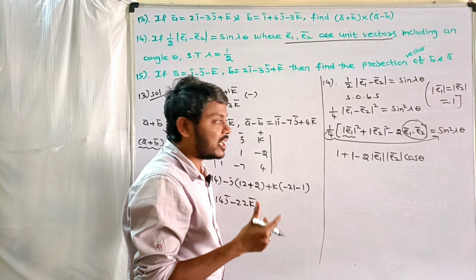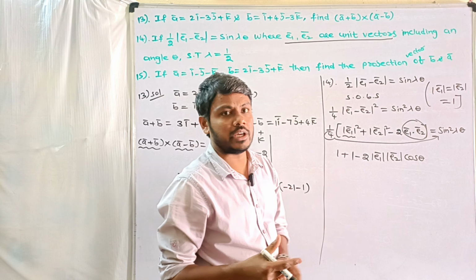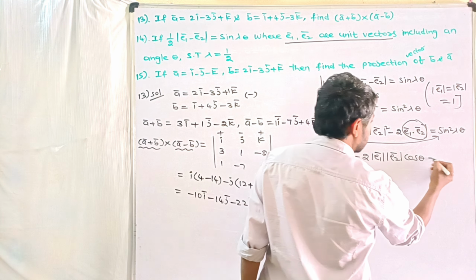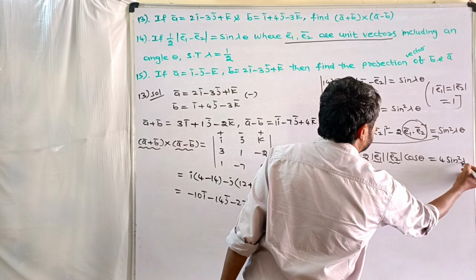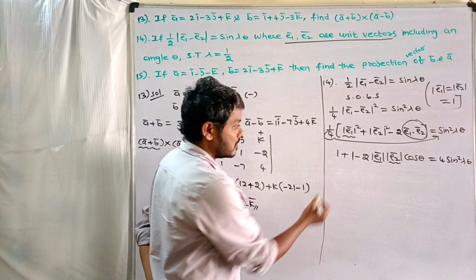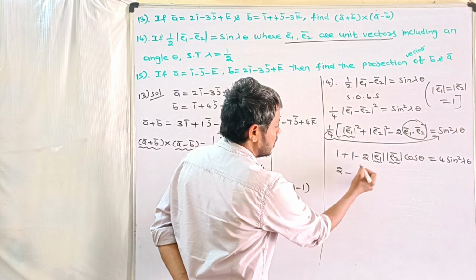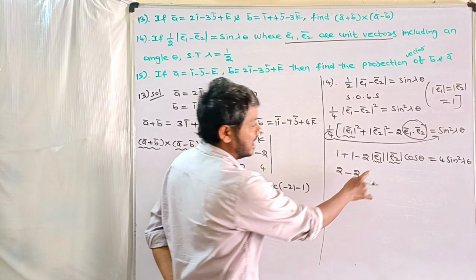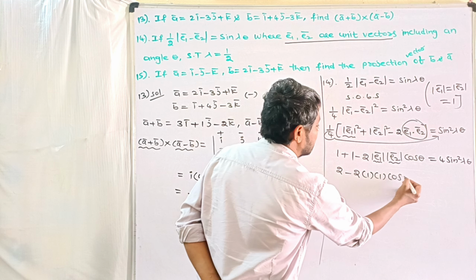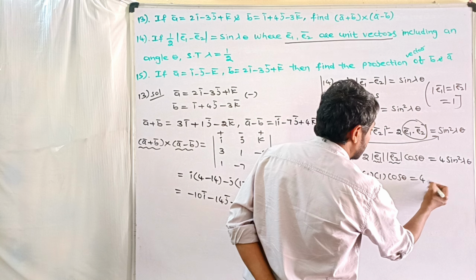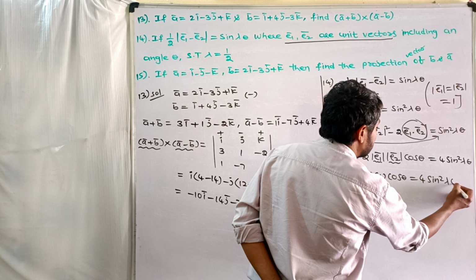If cross is there, you can write sin theta. Okay? Now, which is equal to what? 4 into this one, 4 sin square lambda theta. So 1 plus 1, 2 minus 2 into mod E1 and mod E2 values are 1 into cos theta, which is equal to what? 4 sin square lambda theta.